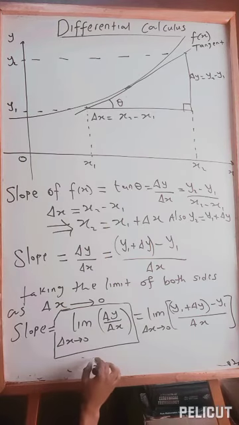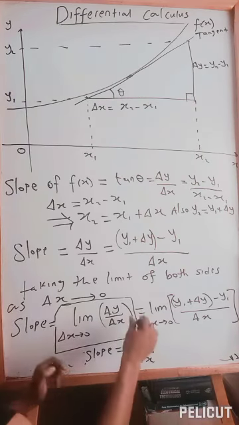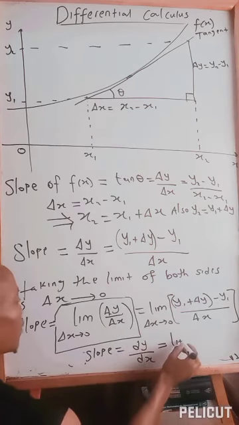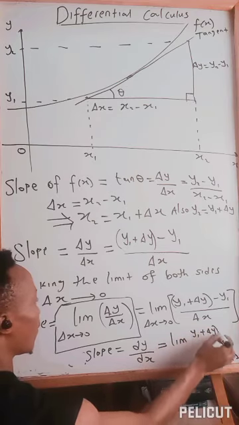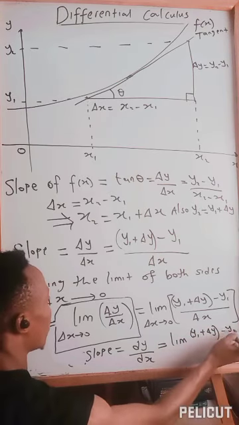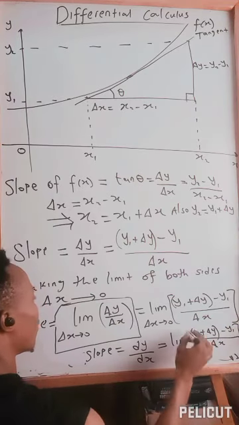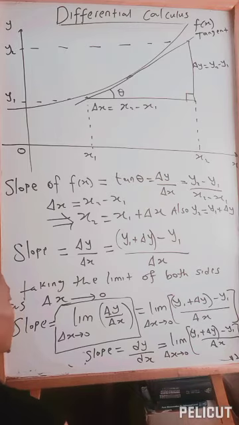So this means that dy dx is actually the limit of y1 plus delta y minus y1 divided by delta x as delta x tends to 0.